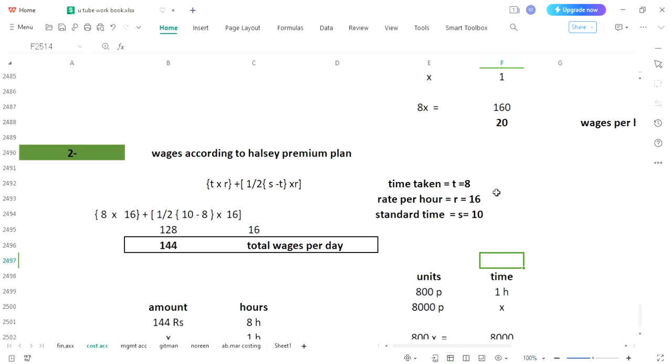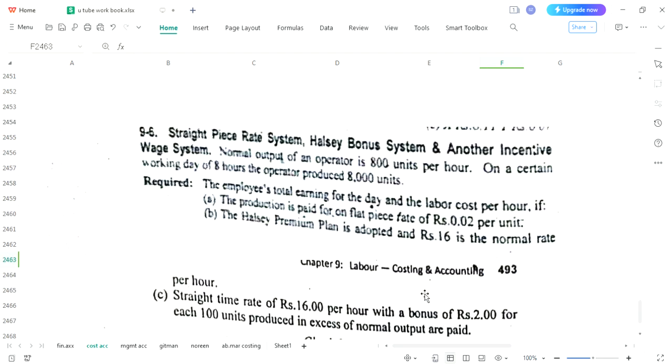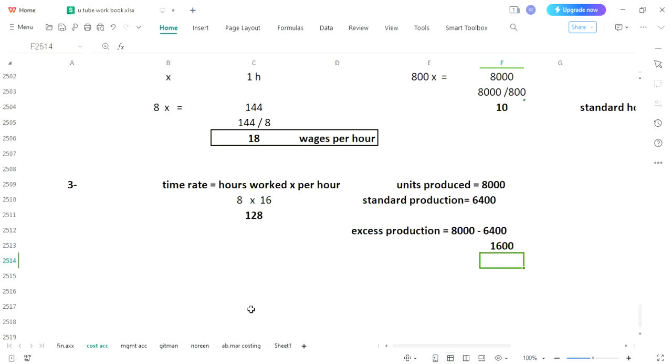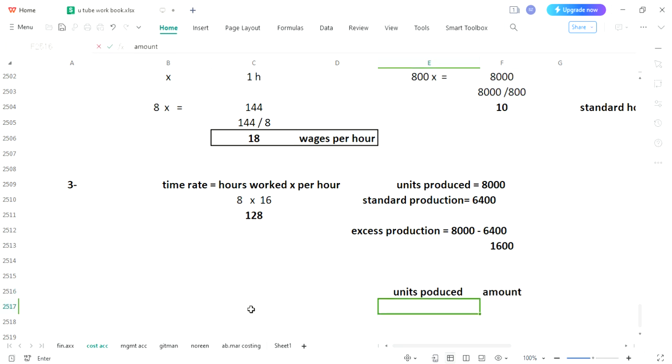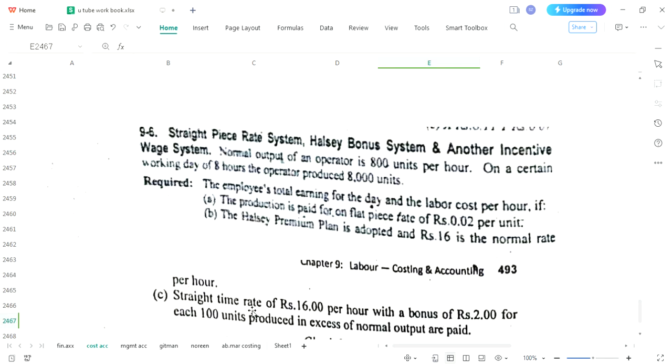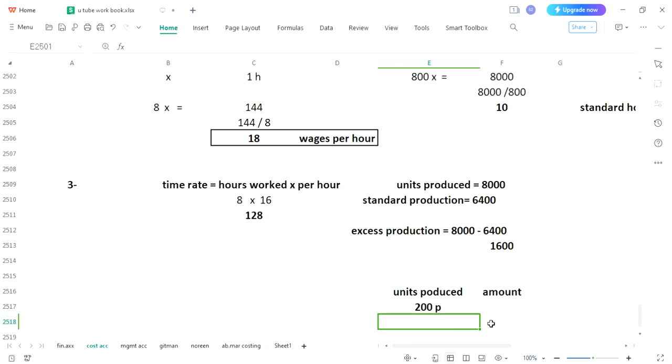Alright, now go back again to the question and see what the requirement was. 2 rupees would be paid for each 100 units produced. Again we will use the unitary method. Units produced would be compared with amount. It was 100 units produced, 2 rupees would be given.